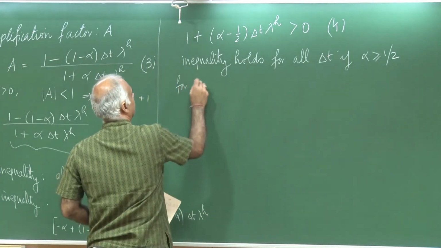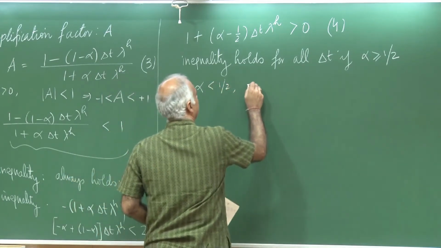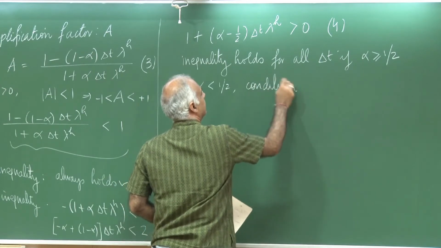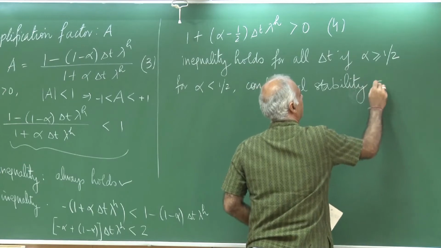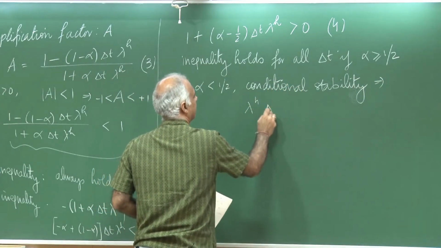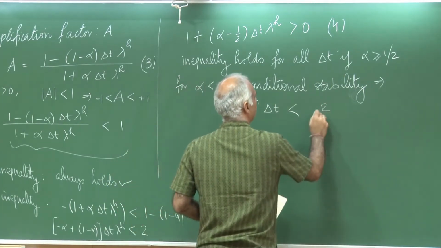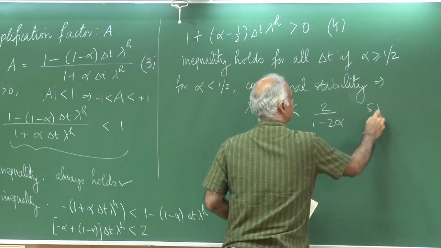So for alpha less than half, conditional stability, which implies that my lambda h delta t should actually be less than 2 divided by 1 minus 2 alpha.